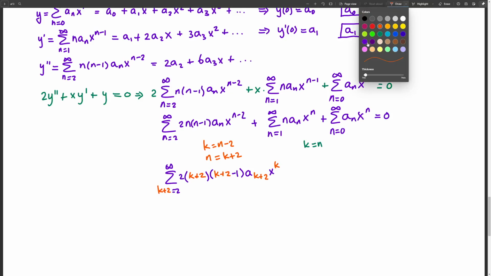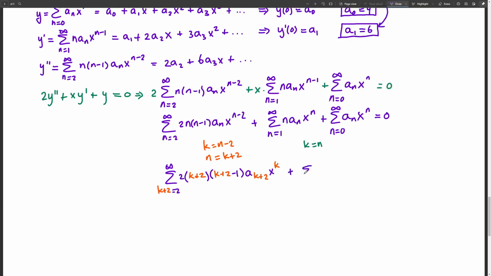And then I can already combine the other two into one sum. Well, actually, I cannot just yet because they don't start at the same n value. So I'm going to keep that for now. And I'm just going to replace the n by a k.